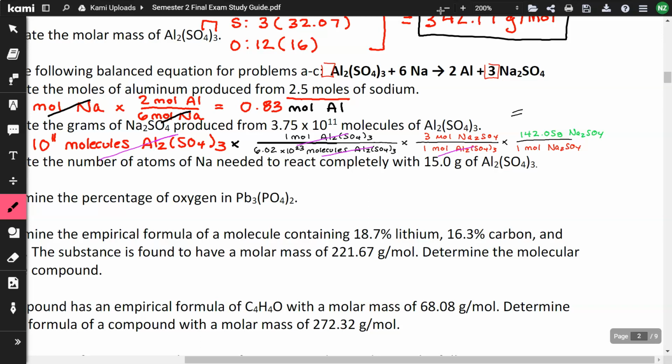Oh, I'm sorry, I was looking at the question above. We actually have 3 sig figs. So our answer is going to be 2.65 times 10 to the negative 11 grams of Na2SO4.